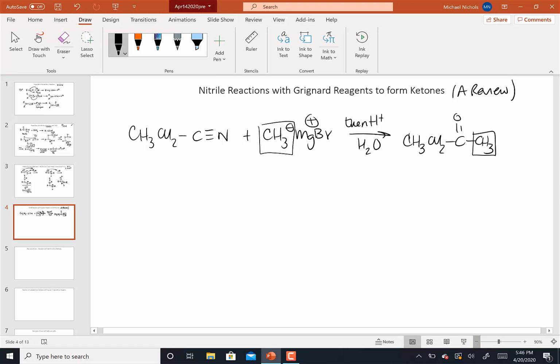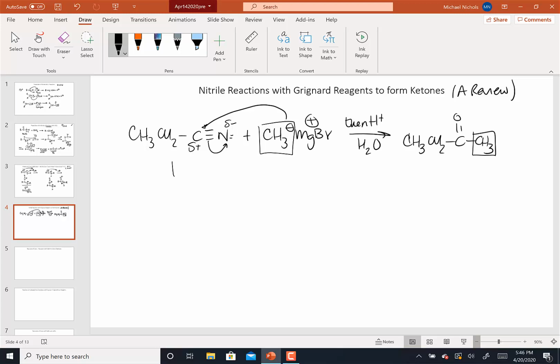Again, a review. I'm not going to go through the entire mechanism, but I'll set it up. CH3 minus comes in and attacks this carbon. Pair of electrons moves to the nitrogen. The carbon-nitrogen triple bond has a carbon with a delta positive, a nitrogen with a delta minus because of the polar covalent bond.